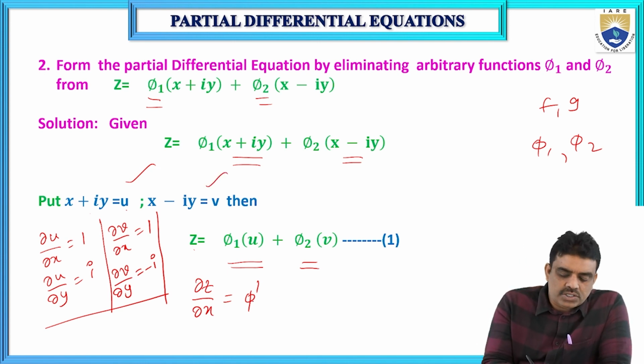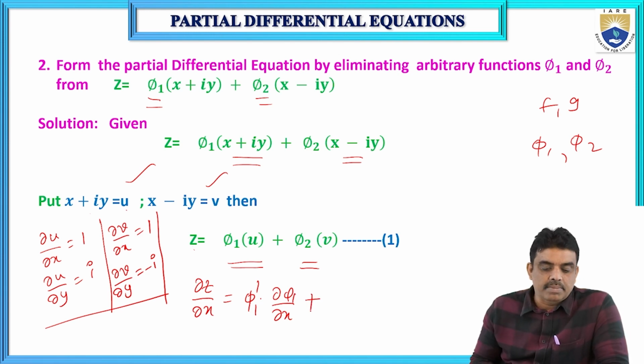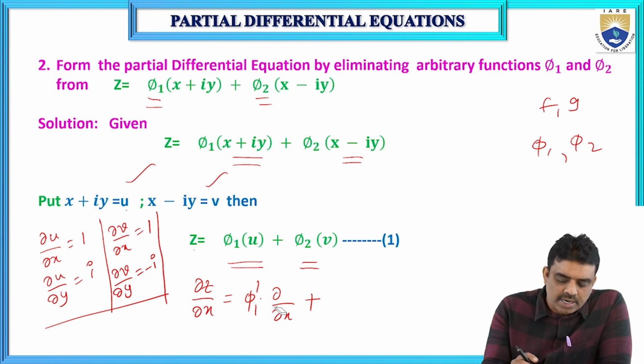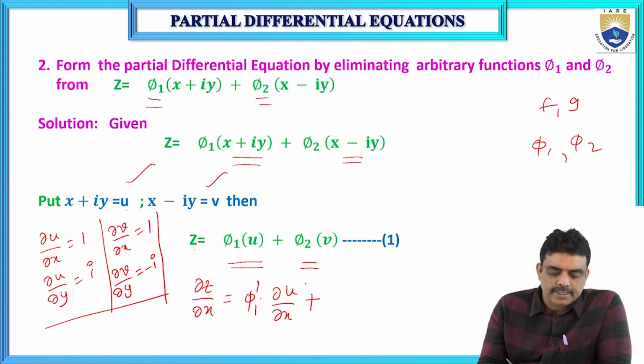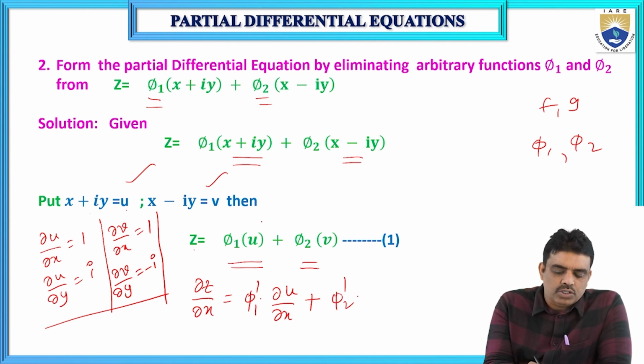So phi 1 dash into ∂u/∂x, because u is a function of x. Similarly, phi 2 dash into ∂v/∂x, since v is a function of x and y.